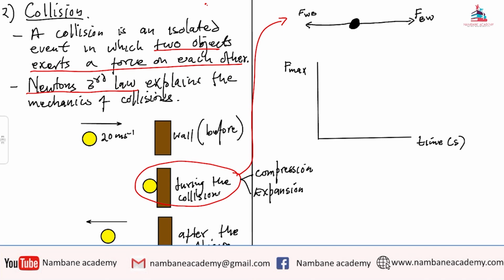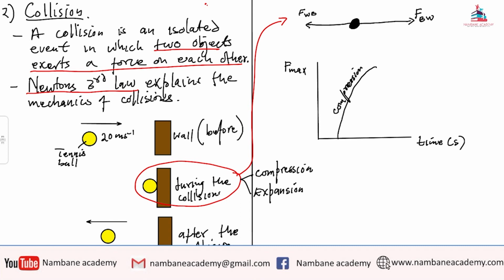Now let's consider this ball of ours. Let's call this ball something like a tennis ball. So this tennis ball, when it hits the wall, before it can actually change direction, it squeezes itself towards the wall. And that part, ladies and gentlemen, this section here, we call compression.